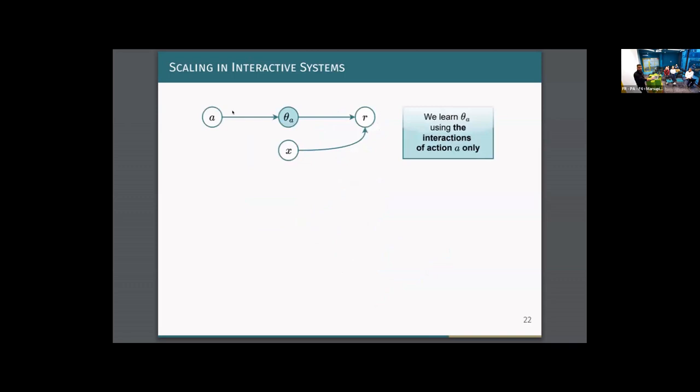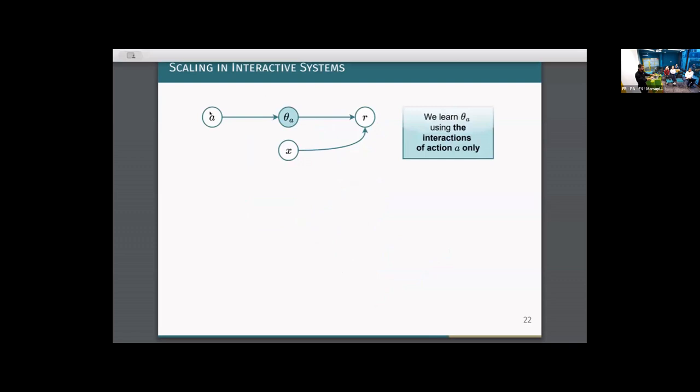Okay, but how do we do it mathematically? Well, it's very simple. As we said before, we have an action, so a product, it is associated with a product embedding, and we use this product embedding along with the user features to produce the reward. And we learn the product embedding using only the interactions with that specific product.